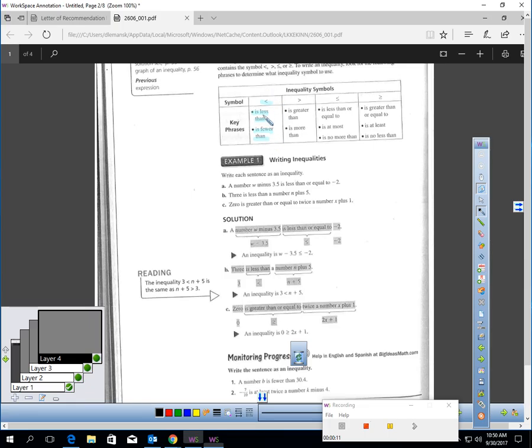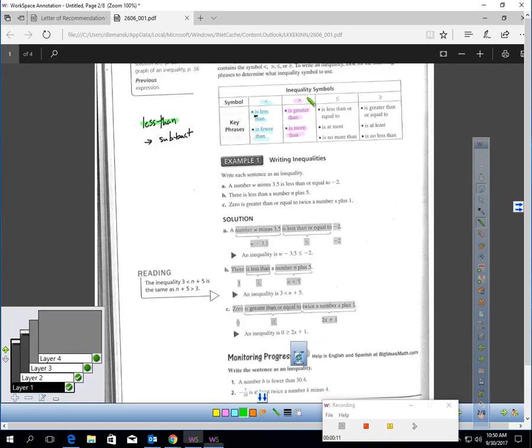I should point out, remember, the words "less than" means subtract, but "is less than," you notice the word "is" in there, is an inequality. So I want to be clear, "less than" means subtract, but "is less than" would mean inequality. Sometimes those two get confused.